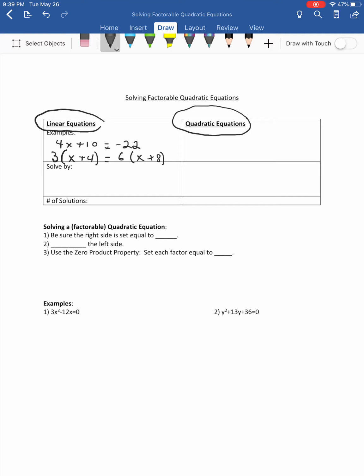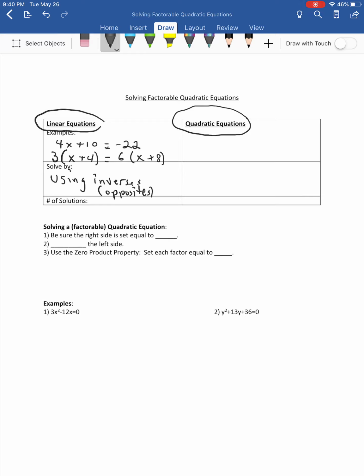So you've solved these things for years and you're familiar with how they work. We solve by using inverses, opposites. So if we have addition, we're subtracting. If we're subtracting, we're adding, multiplication, division, division, multiplication, etc.